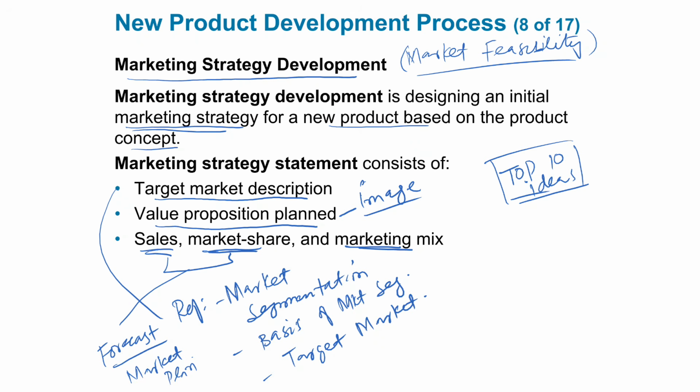Are there any other competitors in the market? How many competitors are there? How strong are these competitors, and how are you going to handle them? All these things are very important. The marketing mix, also commonly called the 4 P's of marketing, should also be clearly defined for the marketing strategy. So that comes in the market strategy development, and this could be your 4th important stage.